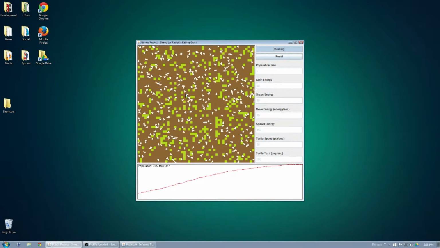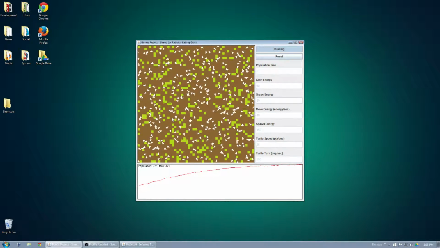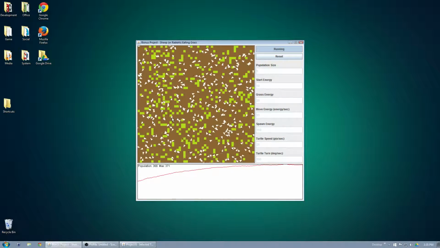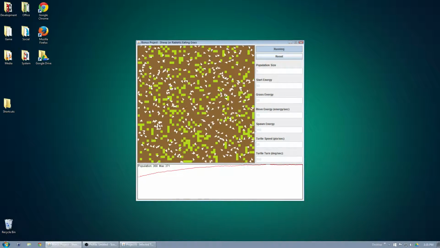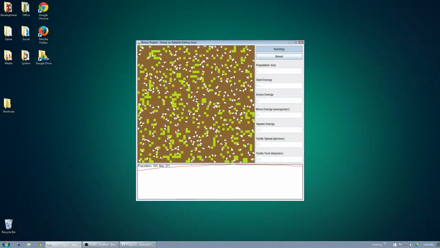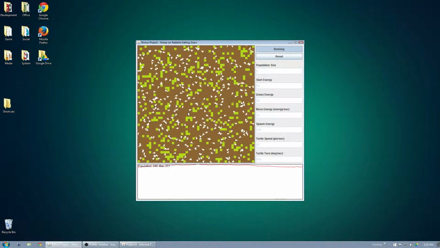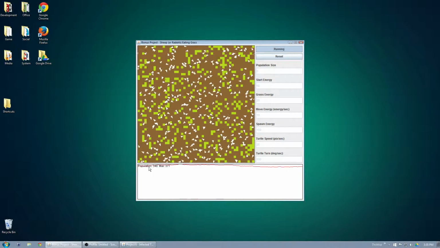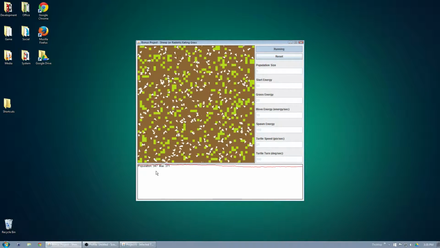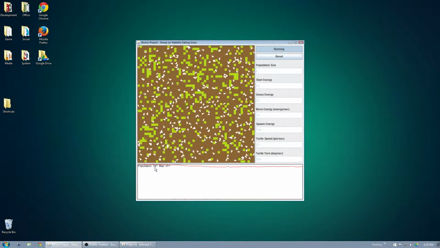As you can see, as the population grows, food becomes more scarce because the grass is growing at a constant rate of randomly setting blocks to grass. So the graph down here, instead of showing a percentage like the infected rate, is showing a population size.